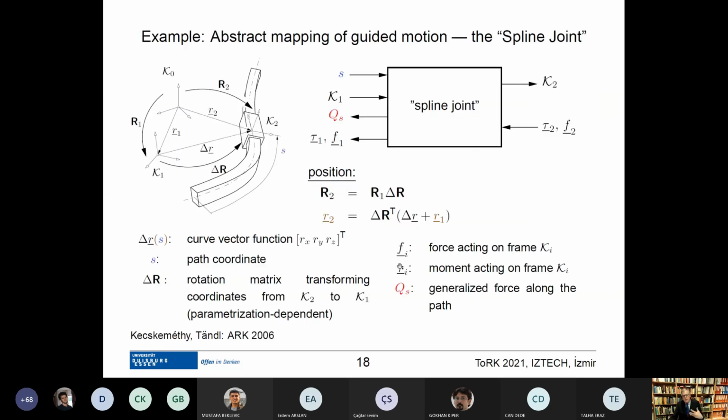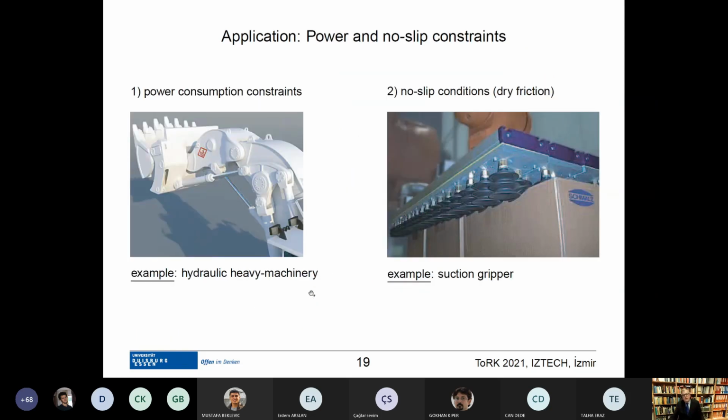And so to do this intuitively, we designed what we call the spline joint. So a coordinate system is moving along a spline, including rotations, and the task is to determine this reference frame for any path coordinate. And by combining this with libraries, we can put this together also for other applications.